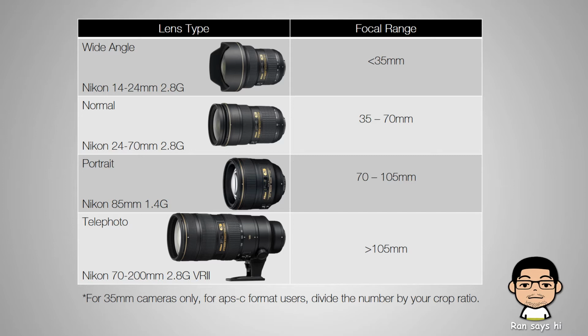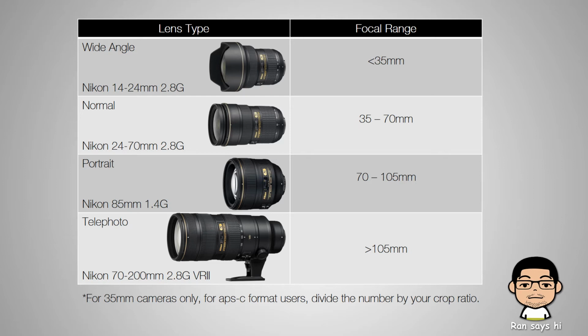A portrait lens is about 70 to 105mm, and you can see this very nice Nikon 85mm 1.4G prime lens here. That's a super cool lens. And for telephoto shooting, it's normally about 105mm and up, and you can see the 200mm 2.8 VR2 lens here. It's one of the ultimate gears any Nikon head can get.